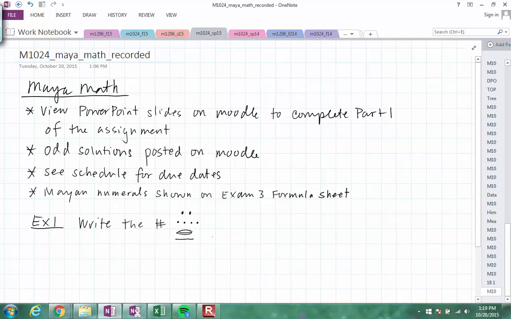So that's one difference. Also, we're using these symbols, which you can translate each of these digits again on the formula sheet. So we're going to write this number, which is in Mayan, to base 10, which is our number system.